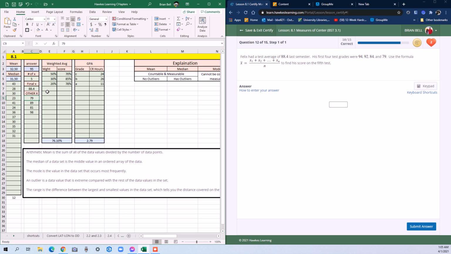All right, and then the rest of his grades were 94, 92, 84, and 79. Must have been more difficult. But anyway, basically what they're asking is if the final test average was this, and these are the other ones that he's had, what exactly was his fifth one? And if it does give you more than 4 here or whatever, you just change this variable right there. It hasn't, but 93 is going to be our answer.